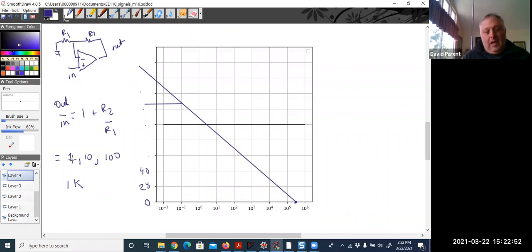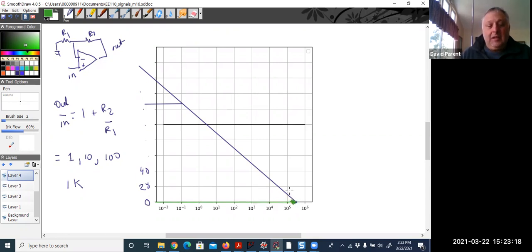Well, a gain of 1, regardless of R1 and R2, right? If the gain is 1, which happens to be a buffer, R2 is 0 and R1 is infinite. We have 0 dB, right? And it goes right out to here.